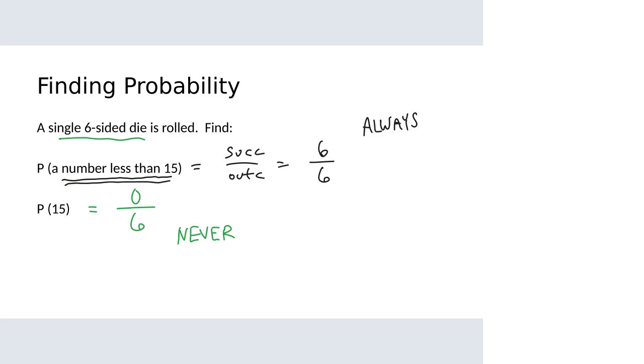The probability of getting a number less than 15, the probability of something that's always going to happen every single time, is 1. The probability of getting a 15 on that dice, the probability of something that is never going to happen, is 0. Where this leads us to is the fact that all probabilities are between 0 and 1.